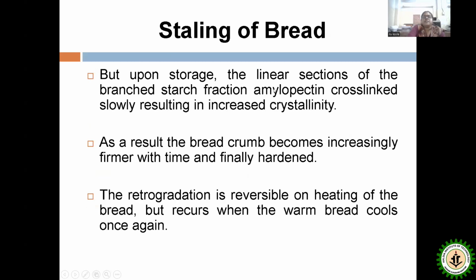But upon storage, the linear sections, that is the outer branches of the amylopectin molecule, cross-link together slowly, and this results in an increase in crystallinity. As a result, the bread crumb becomes increasingly firmer with time, and finally the whole bread becomes hardened. The retrogradation is reversible on heating.